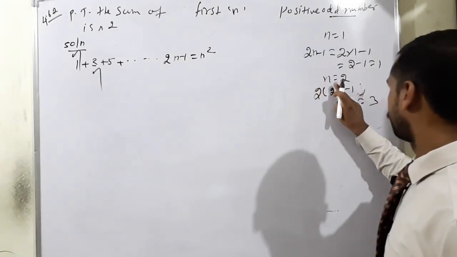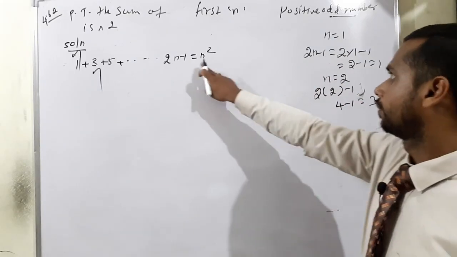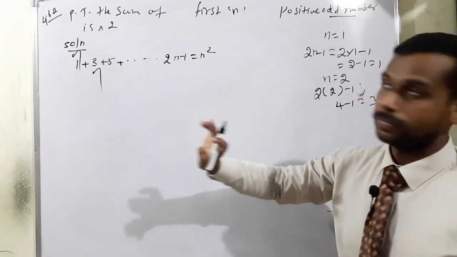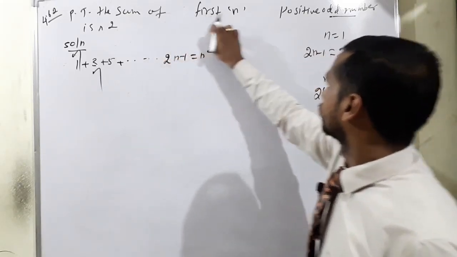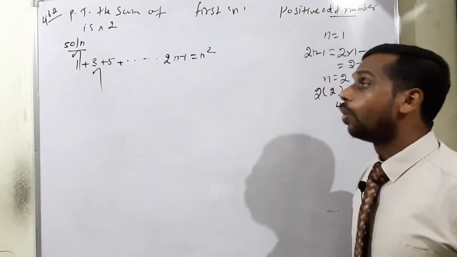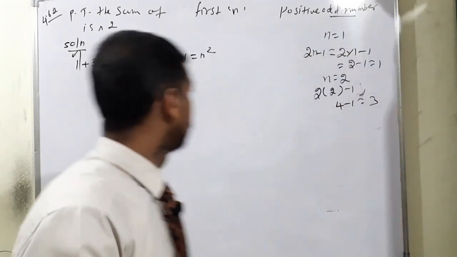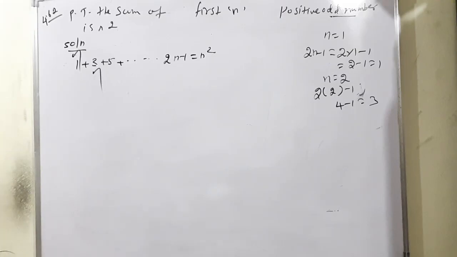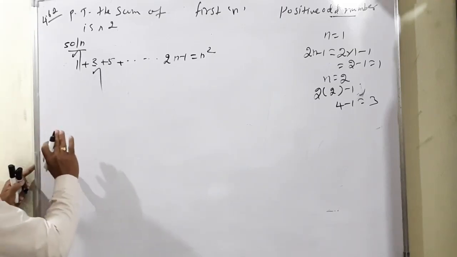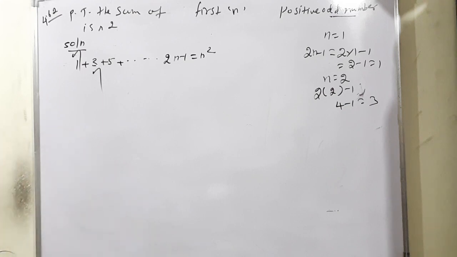If you take n is equal to 3, definitely 5 will come. That is the sum of first n positive odd numbers. That's why I have written 1 plus 3 plus 5 plus dot dot dot 2n minus 1 is equal to n square. Okay. Now, the same as example 4.61.